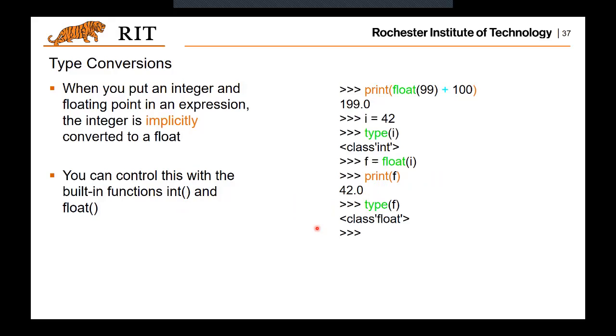But here are two different cases. One is an implicit conversion done by Python automatically, and the other is an explicit conversion by yourself. You just call the int or float function to do the conversion. All right, any question?